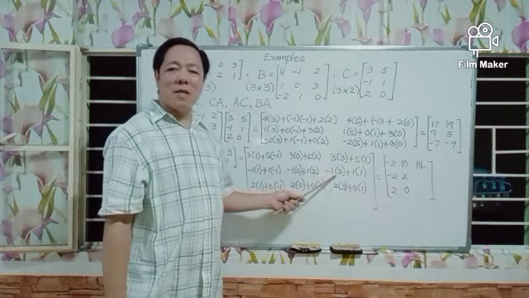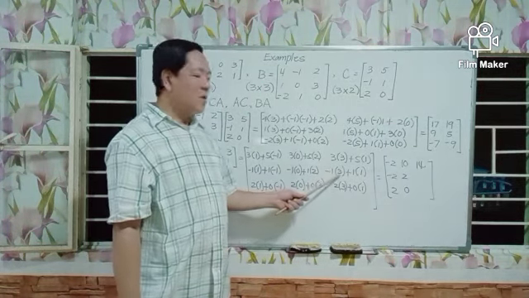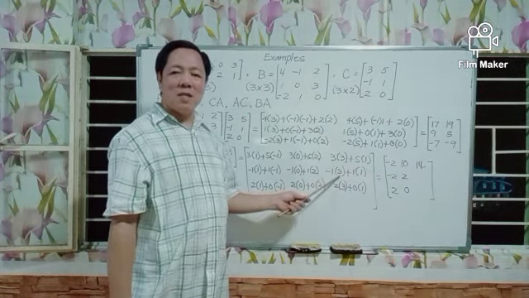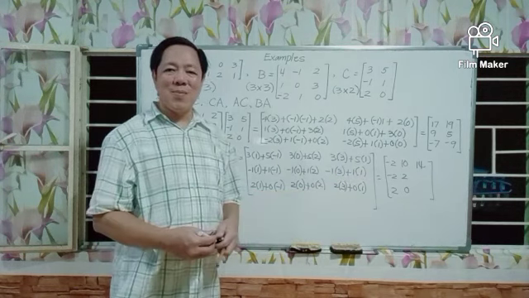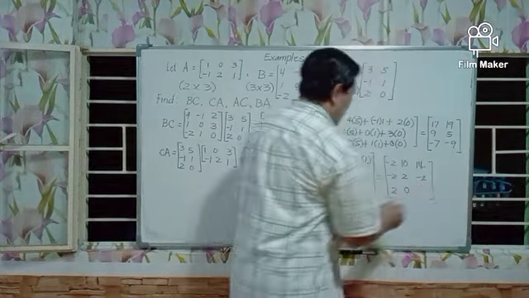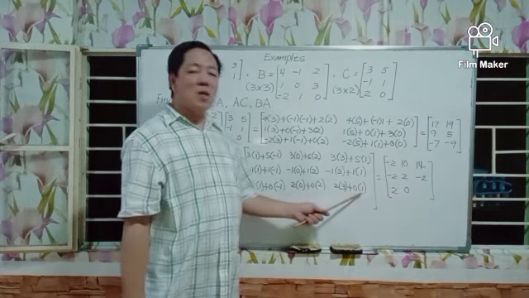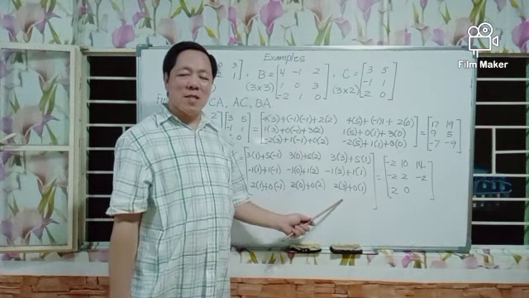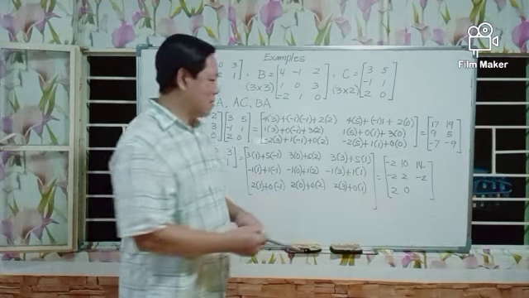The next entry in the last column, negative 1 multiplied by 3 is negative 3, plus 1 multiplied by 1 is 1, or negative 3 plus 1 is negative 2. And the last entry, we have 2 multiplied by 3 is 6, plus 0 multiplied by 1 is 0, or 6 plus 0 is 6.